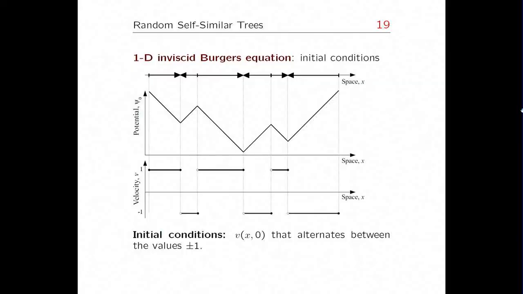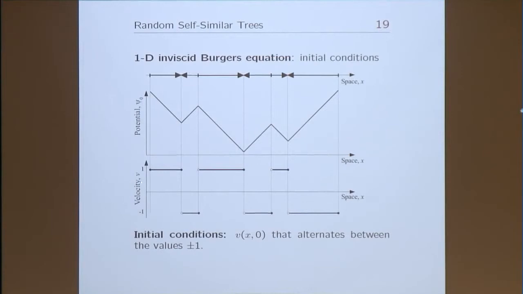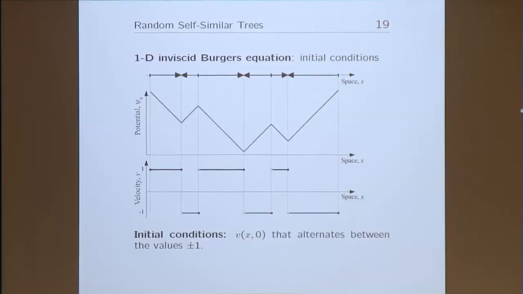So as our first exercise, and that's what I'm reporting here, we take an initial placement of particles and velocities, alternating between positive one and negative one. So you alternate the particles, moving left, right, with initial velocity plus or minus one.